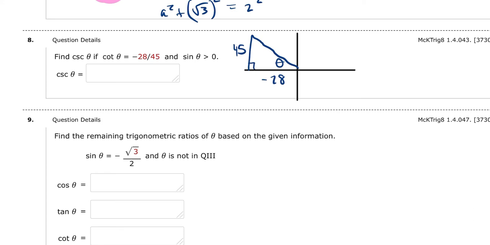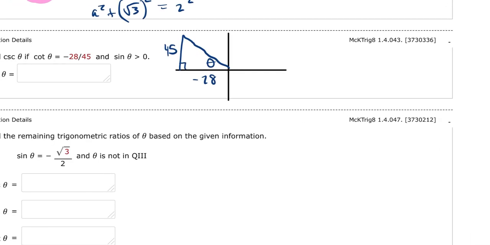Now we need to find the hypotenuse. To do that, we just need to do the Pythagorean theorem again. I'll call that c for now. So you have -28 squared plus 45 squared equals c squared. Using our calculator, I'm getting 2,809, and the square root of that is 53.